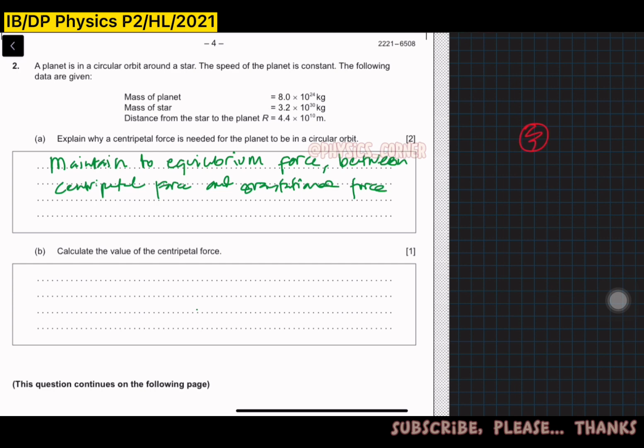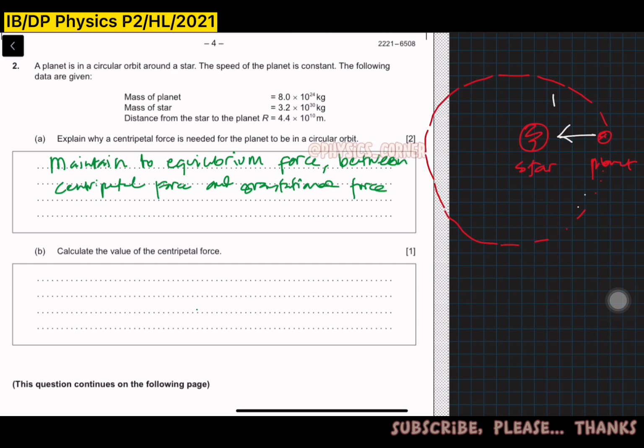the planet and this is the star or sun. Let's say this is the star, and this is the planet. So between the planet and star, they have constant velocity in orbit, because they have two forces in equilibrium.